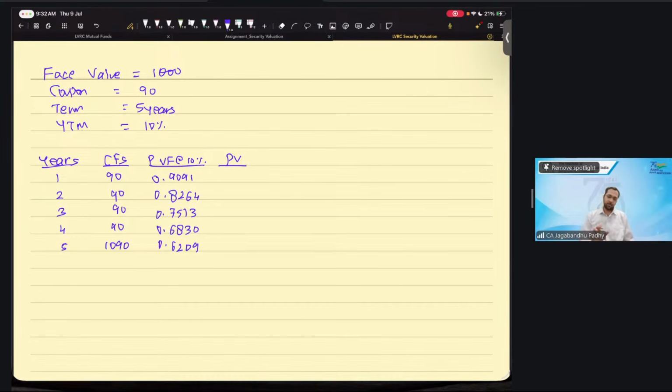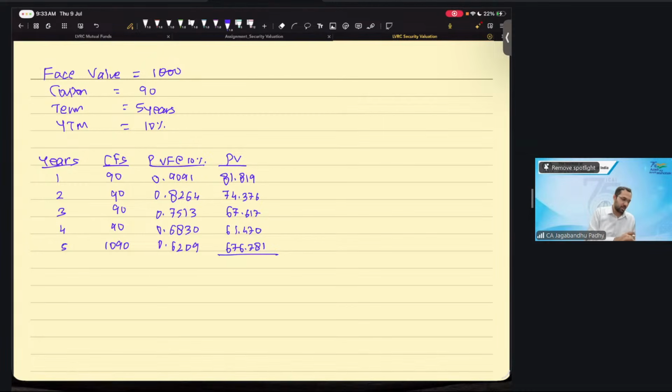Then we take the multiplication of both: 90 into 0.9091, which is 81.819; 90 into 0.8264, which is 74.376; 90 into 0.7513, which is 67.617; 90 into 0.6830, that's 61.470; and 1090 into 0.6209, which is 676.781.